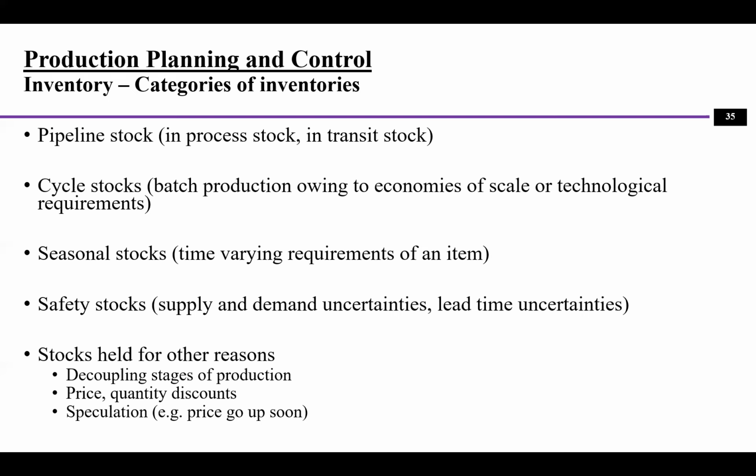For example, decoupling of the stages of production, like I just explained, to smooth out the imbalances of the process, and also price, quantity discounts, and speculation. For example, if the gas price is going up soon, you may want to store a little more gas in your car so that you don't buy the gas too expensively.